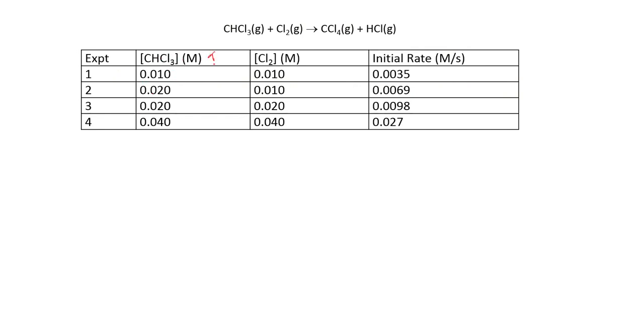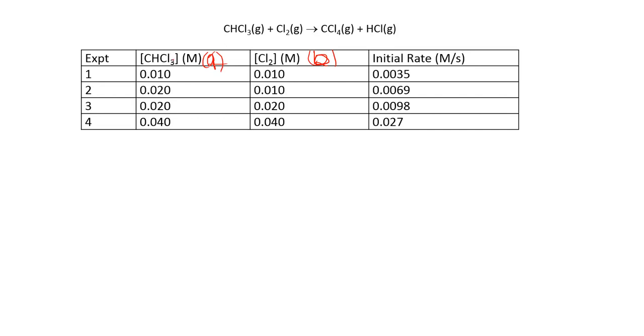This is reactant 1, this is reactant 2, or we can say this is reactant A, this is reactant B. So what we do is we isolate one reactant. We change the concentration of one reactant and leave the other reactant intact.